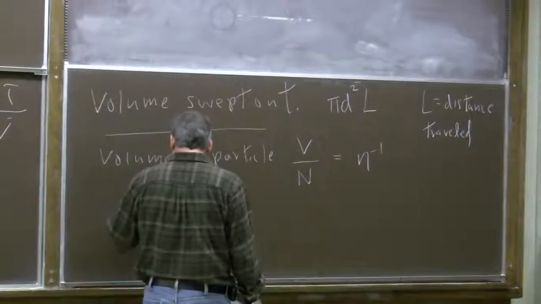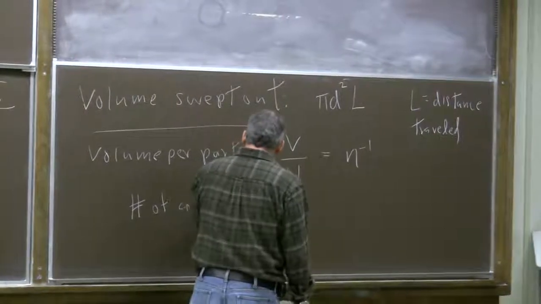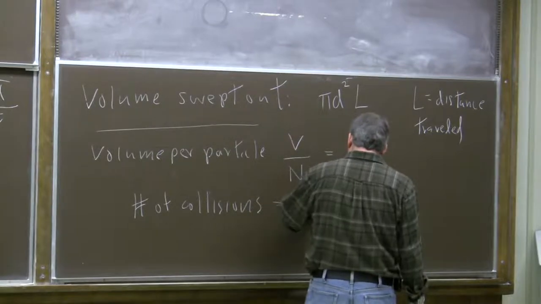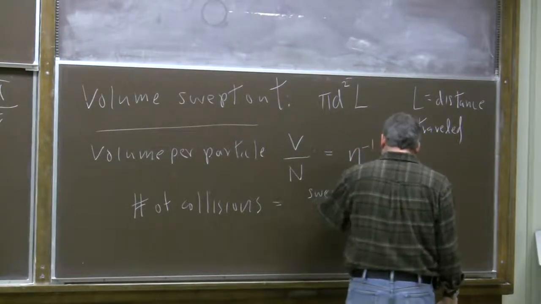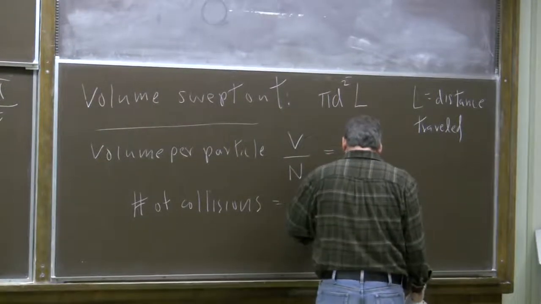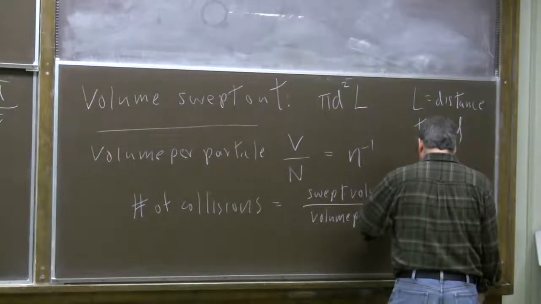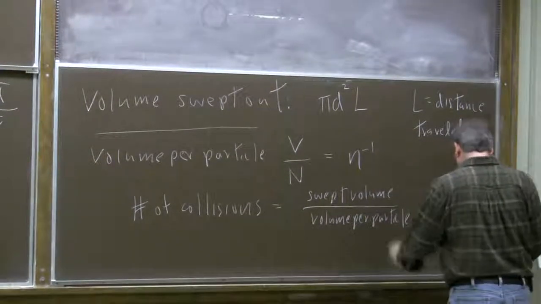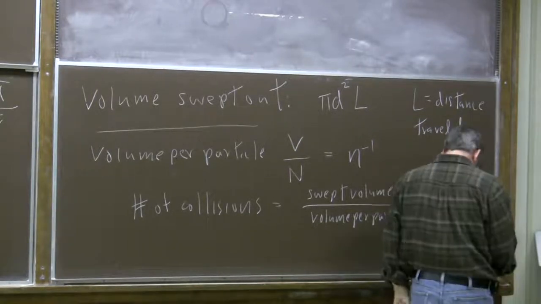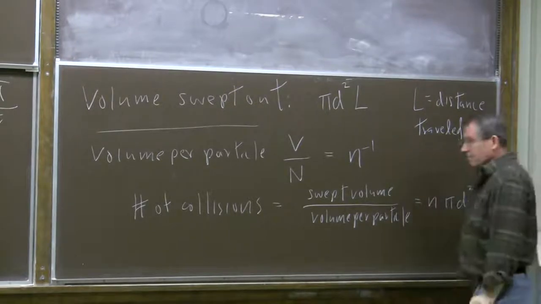So we'll say the number of collisions is the swept volume of the cylinder divided by the volume per particle. So that will be dividing by volume per particle means multiplying by n, so just n pi d squared L.